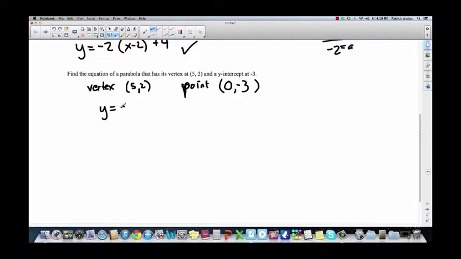Okay, now we just do exactly what we did before. Y equals a times (x minus h) squared plus k, and start plugging in. So let's put the vertex points in. Those points go in the h and the k. I should have done it with negative this time. Oh well. So we get y equals a times (x minus 5), because you take the opposite of that one, squared plus 2.